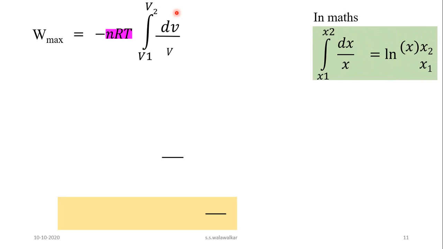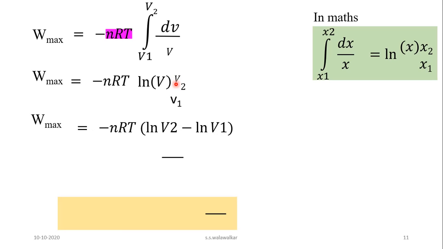But in maths, you have studied this formula, that is integration of dx by x between limits x1 to x2 is equal to ln x from x1 to x2. And applying that in this equation, we get w max is equal to minus nRT ln V between limits V1 to V2.